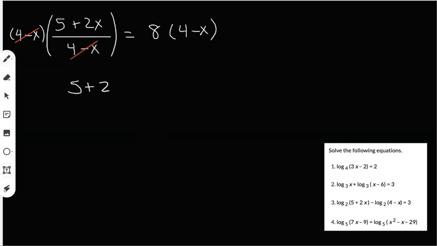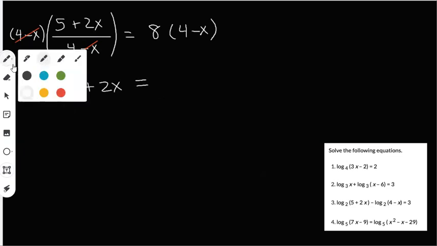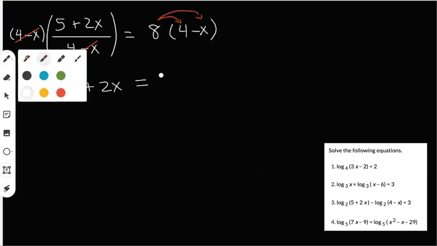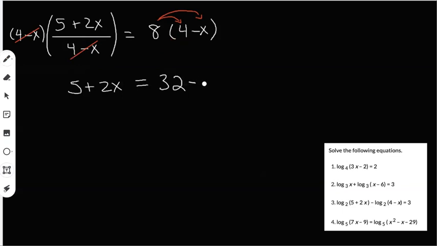On the other side, I can take that 8 that's on the outside and multiply it by everything on the inside. When I do 8 times 4, I'm going to get 32, and when I do 8 times x, I'm going to get 8x. So now I have 5 plus 2x equals 32 minus 8x.